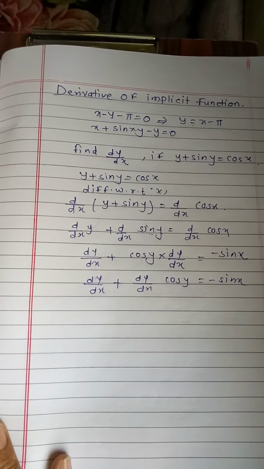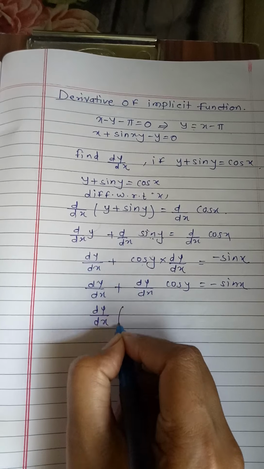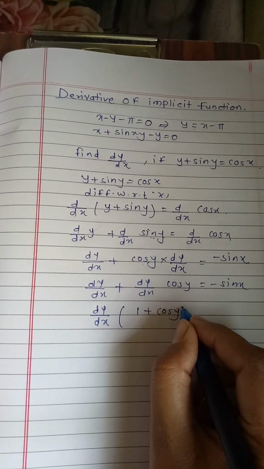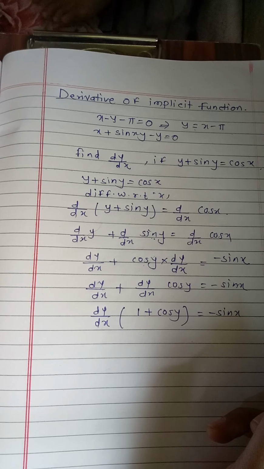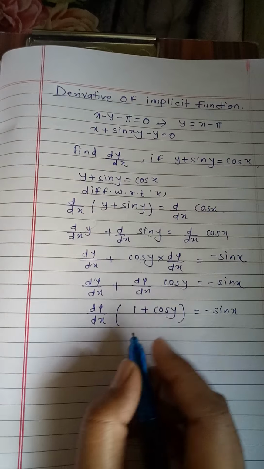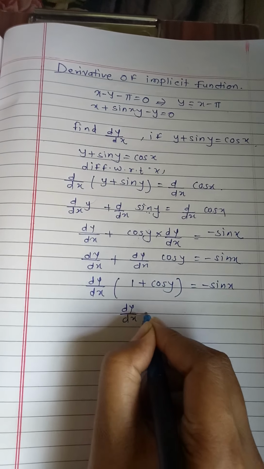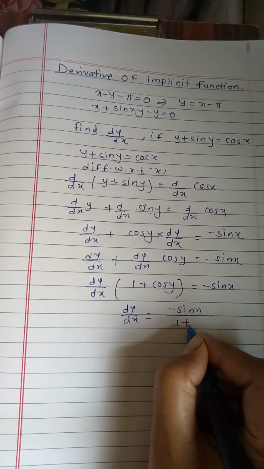So we take dy by dx common. The remaining term is 1 plus cos y, equal to minus sin x. So we find dy by dx is equal to minus sin x divided by 1 plus cos y.